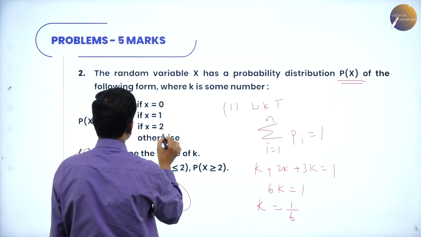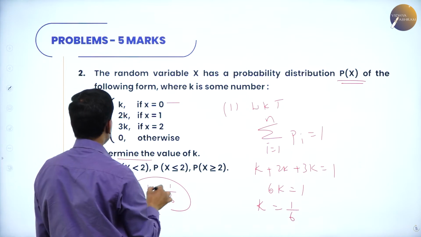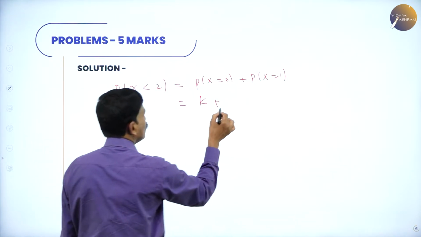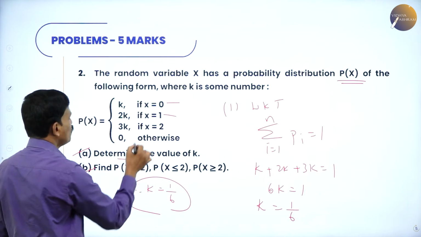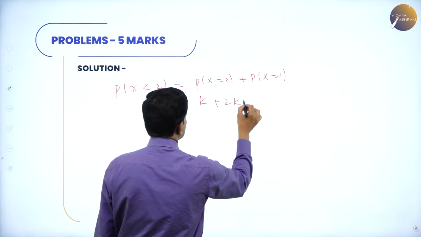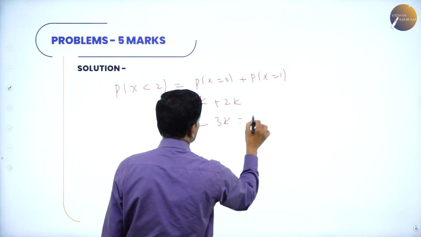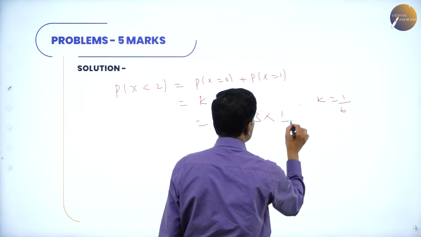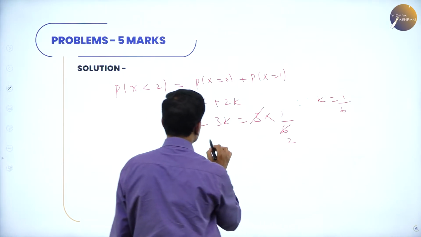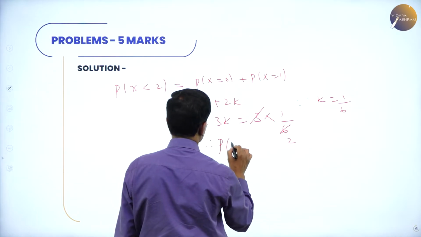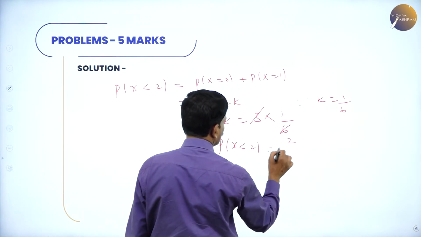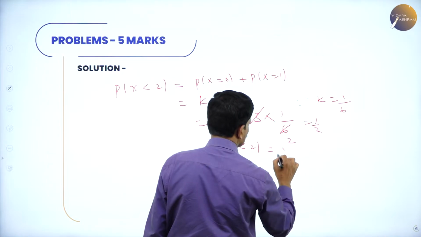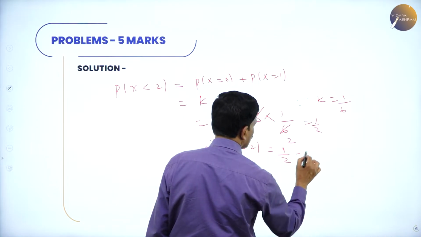When x is equal to 0, the value of P of x is k, plus when x is equal to 1, the value of P of x is 2k. So this is equal to 3 times k, and since we know that k is equal to 1 by 6, therefore the probability of x less than 2 is equal to 1 by 2.